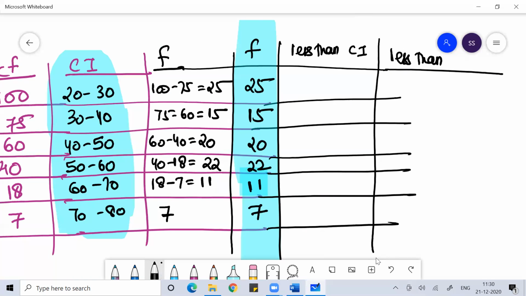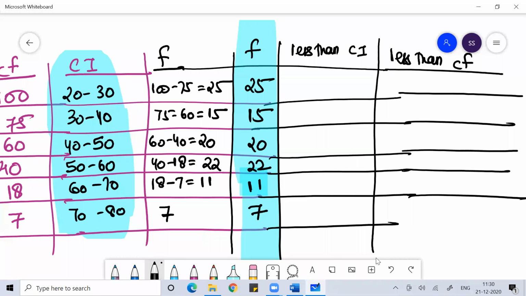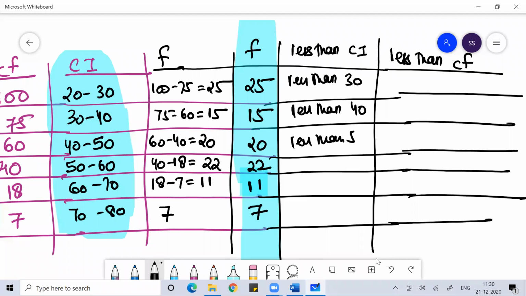With less than, we always use the upper limit: less than 30, less than 40, less than 50, less than 60, less than 70, less than 80.